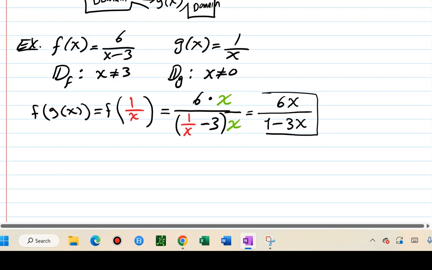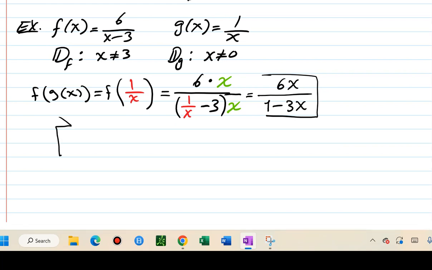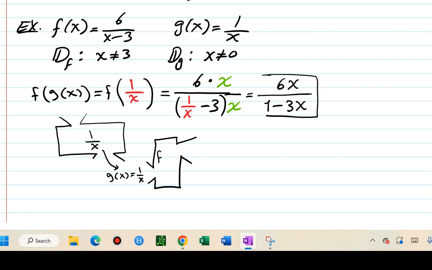Now, what is its domain? Well, if I go back to my function machine, remember, we started with g. g was 1 over x. So the output from this is going to be g of x, 1 over x. And this is going to go inside function f. And what will f do to this? F will do 6 over x minus 3 to its inputs.